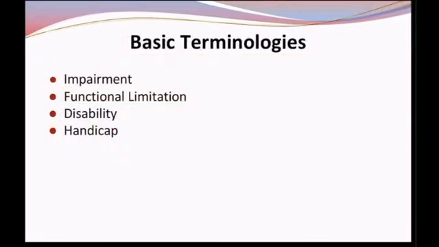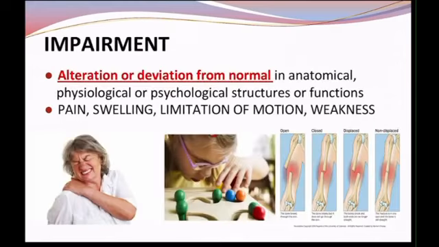The words impairment, disability, and handicap are often used interchangeably. However, they have very different meanings. The most commonly cited definitions are those provided by the WHO in the International Classification of Impairments, Disabilities, and Handicaps. Now, let's look at them one at a time.